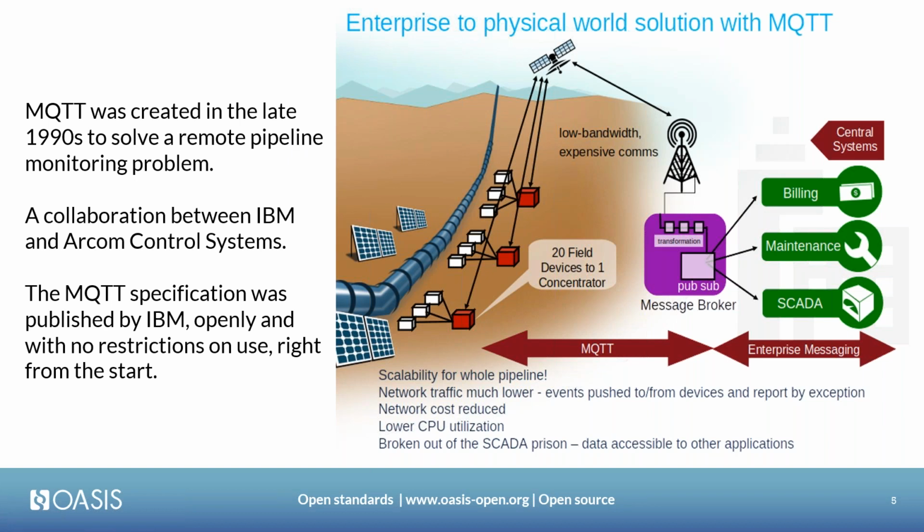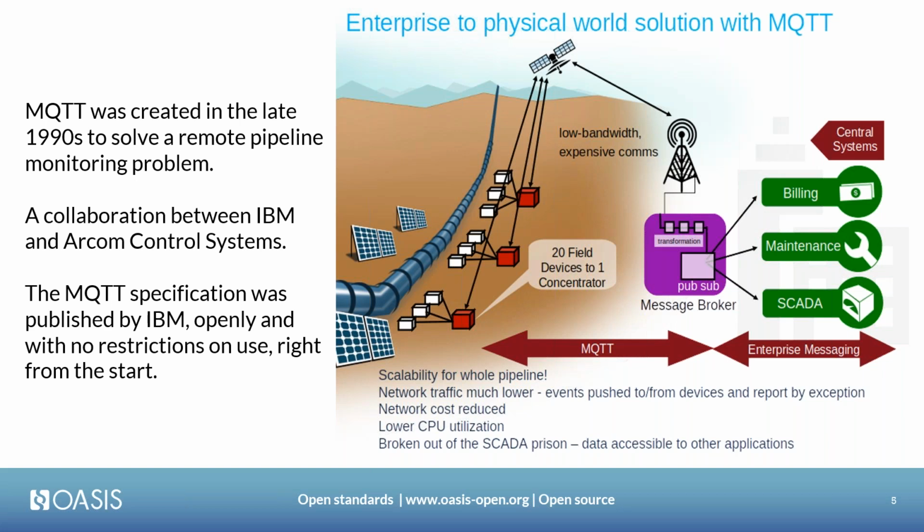MQTT was first devised in the late 1990s to solve the problem of monitoring an oil pipeline in remote locations. The communications was over satellite links, low bandwidth and expensive, and the first implementations were with polling of the concentrators and devices from the central server, which resulted in the central server being CPU bound.